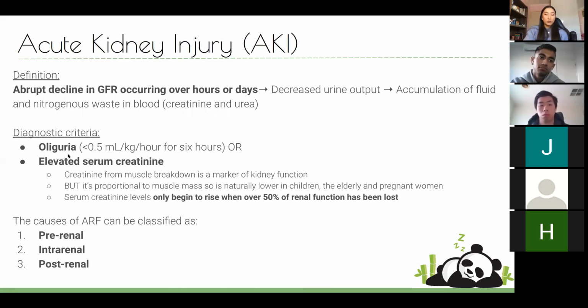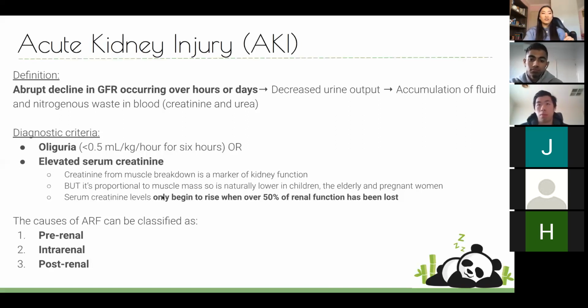And this one's kind of wishy-washy because, as Kevin or Gavin mentioned, I can't even remember, creatinine is largely based on muscle mass. So a pregnant person, for example, will have a very different baseline creatinine compared to a non-pregnant person. And a very muscly bodybuilder will have a very high baseline serum creatinine. You might look at it and think, oh no, that's an AKI, but that's their baseline.